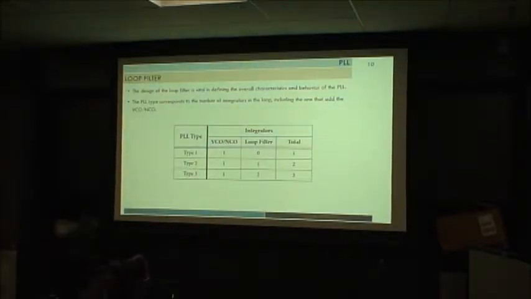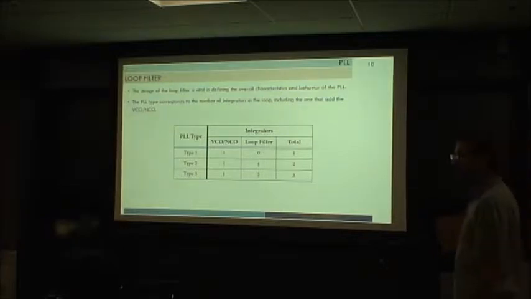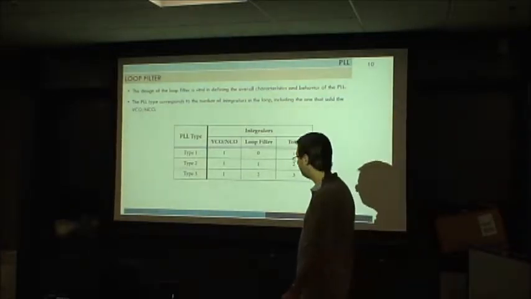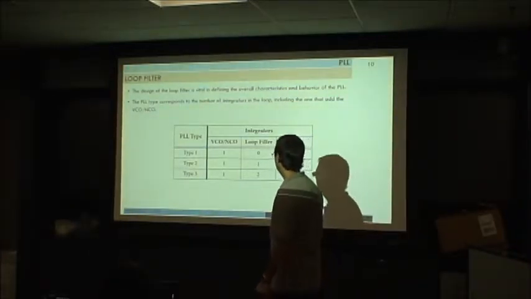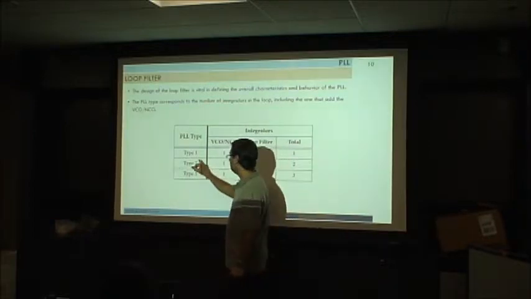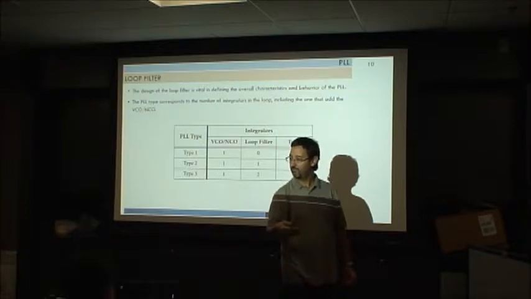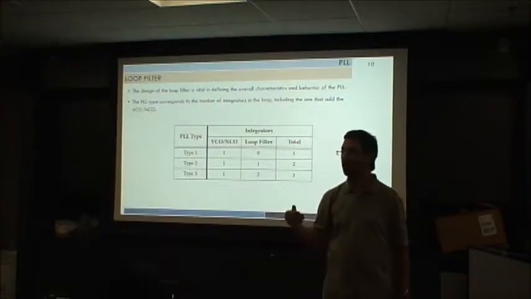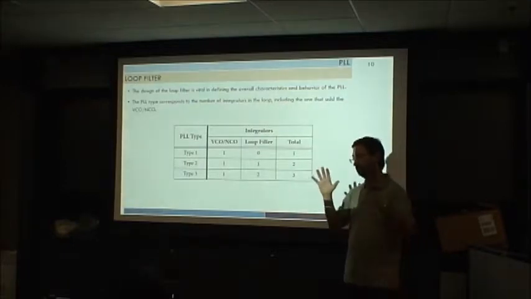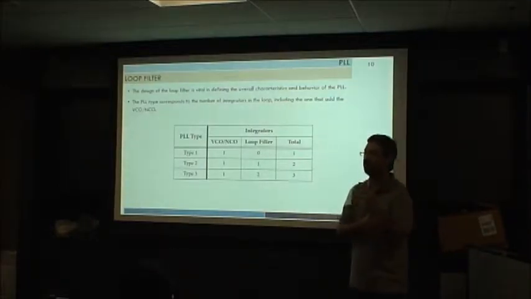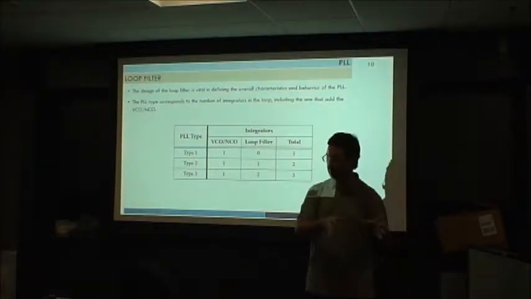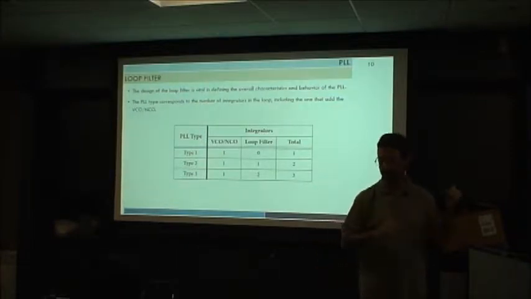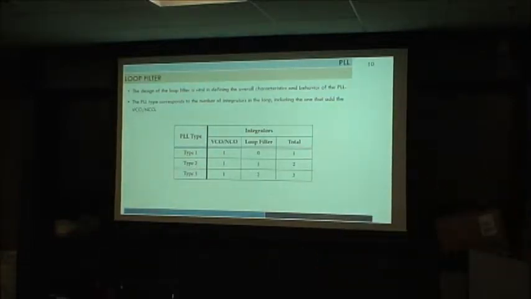So I'm just curious, why do you have two loop filters? What is the difference between having one loop filter and the other? You will see, the difference in these loop filters is how many integrators they have. So this comes with better performance? Yes, depending on what you want, what kind of signal you want to follow. That is one of the things that we will see right now.